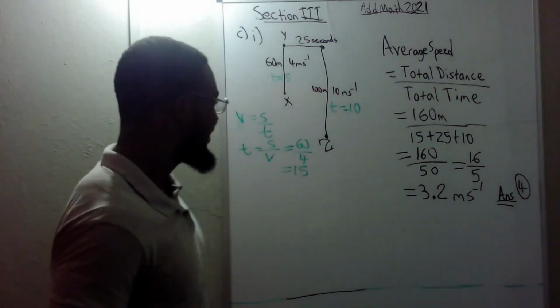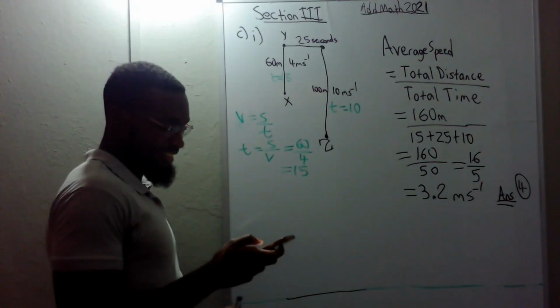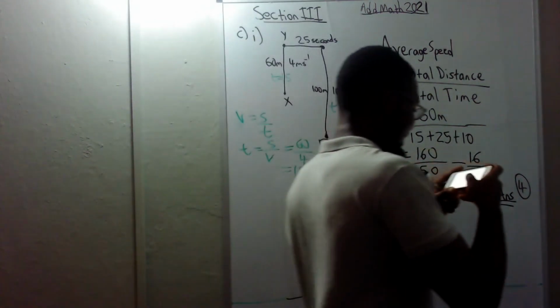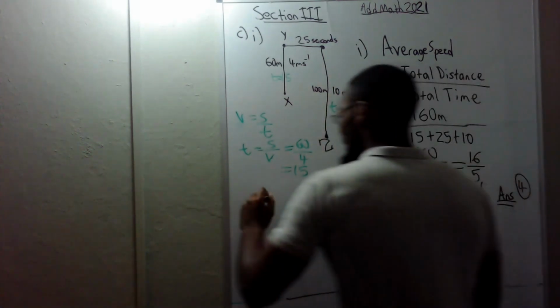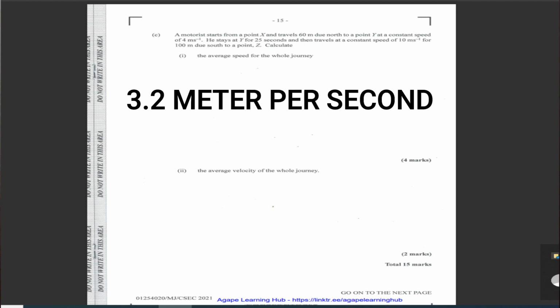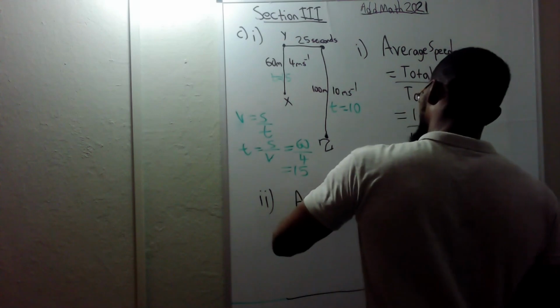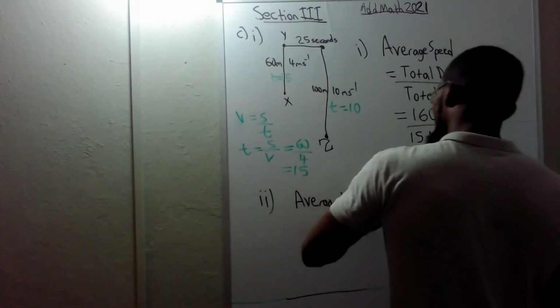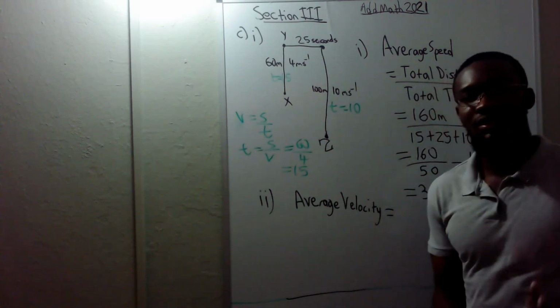Nice. Alright guys, so let's look at the next part. Part 2, it says now find the average velocity of the journey. Average velocity. Now guys, velocity is now a vector quantity.